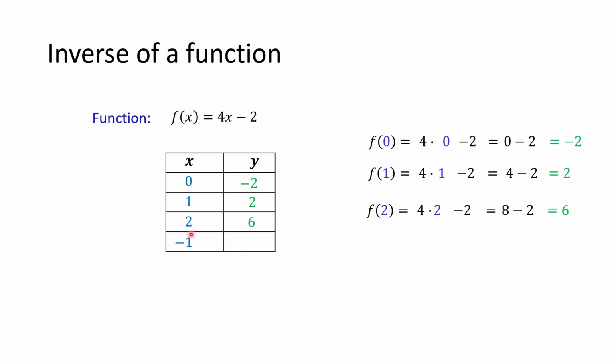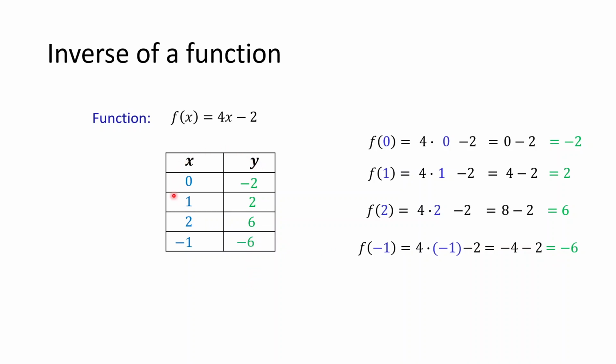Now x is equal to negative 1. You get f of negative 1 is equal to 4 times negative 1. Put a parenthesis because of the minus sign. Now minus 2, that is equal to negative 4 minus 2, which is negative 6. Put that here.